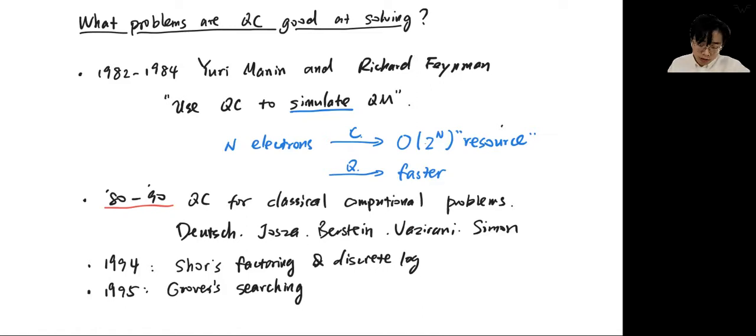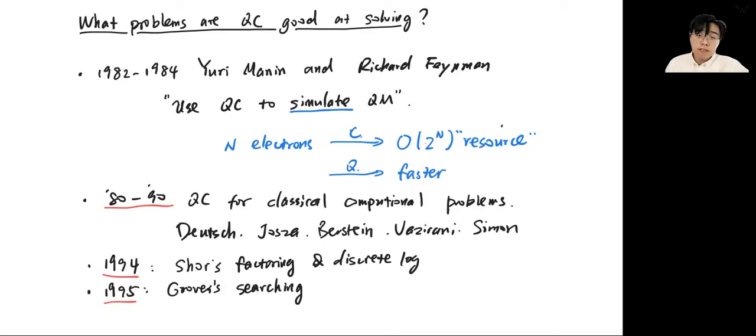Namely, Peter Shor came up with a quantum algorithm for factoring large numbers into prime factors, as well as solving the discrete logarithm problems for cryptography. And a year later, Lov Grover found an algorithm that performs database searching better using a quantum computer.